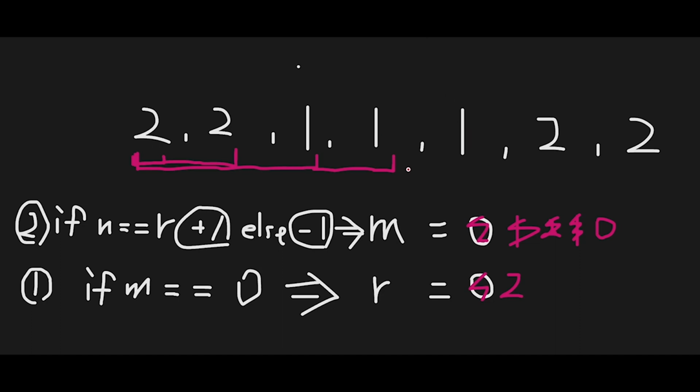And then next is actually an interesting point. So now we are here. So we find 1. If the majority number equals 0, so now the majority number is 0, and then update the result variable with the current number 1. So now we change the result variable to 1. And then the current number equals the result variable, so 1 equals 1. In that case, add +1 to the majority variable.